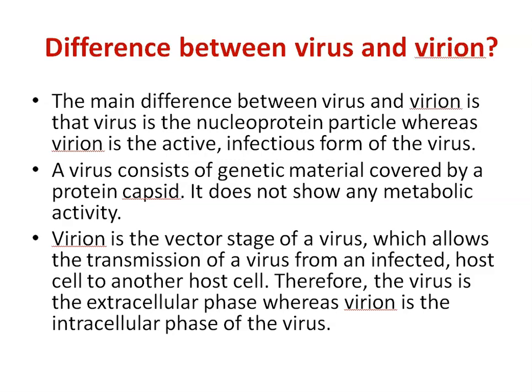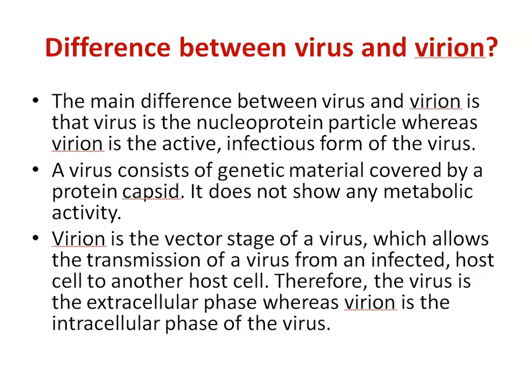A virus consists of genetic material and it's covered by a capsid made up of protein, but it doesn't show any metabolic activity when not present in the cell. We use the term virus for that, right? Virion is the vector stage of the virus. Now, what is a vector? A vector can deliver materials by infecting the cell.